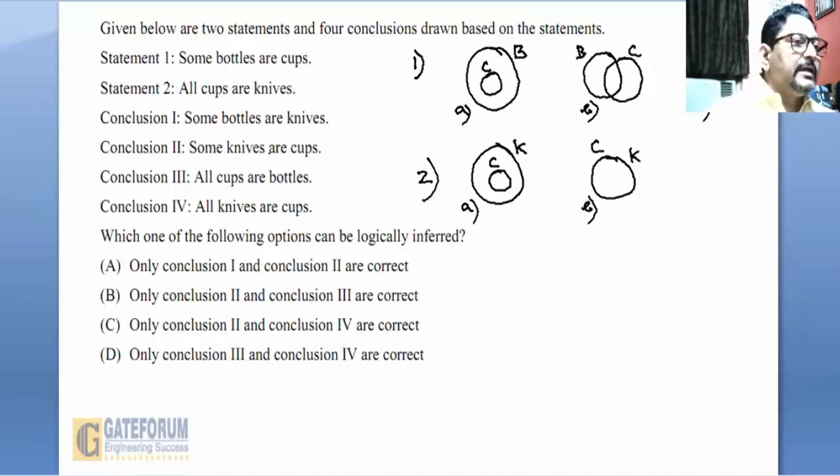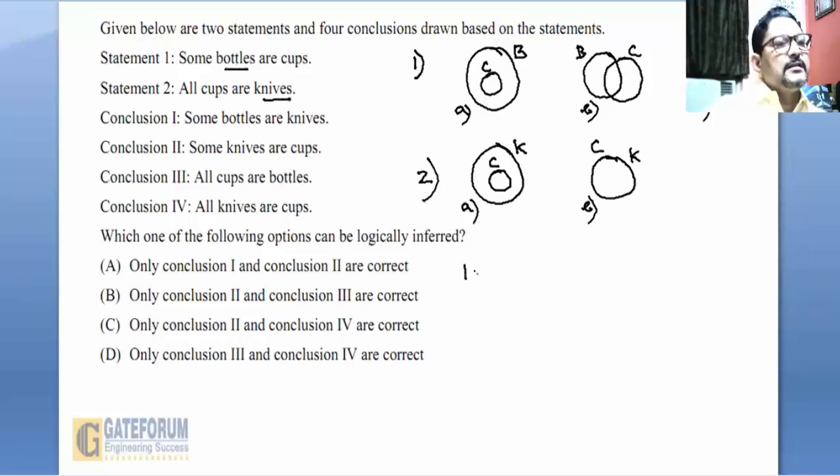Now let us look at the conclusions. Conclusion number 1 says some bottles are knives. So they have compared bottles from statement 1 to knives from statement 2. Here I will be forced to punch both of these together. So how will I select?